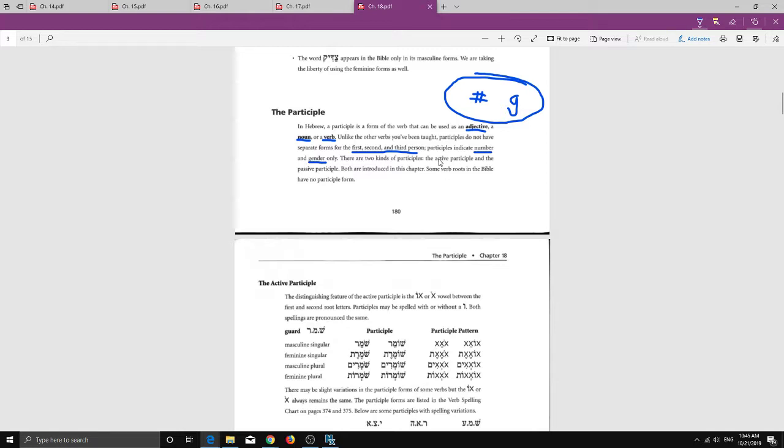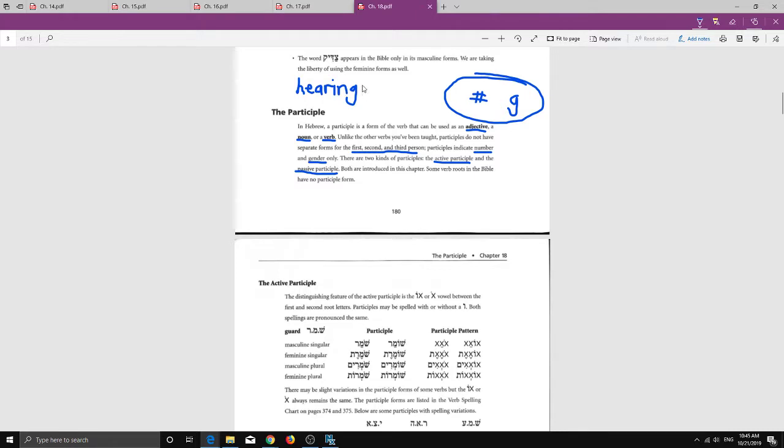Now further, though, there is an active participle and a passive participle. So I shouldn't have erased this, so let me poorly write this again. So in English, if I would say hearing, this is an active participle. Active means that the subject is the one who actuates the verb or acts out the verb.